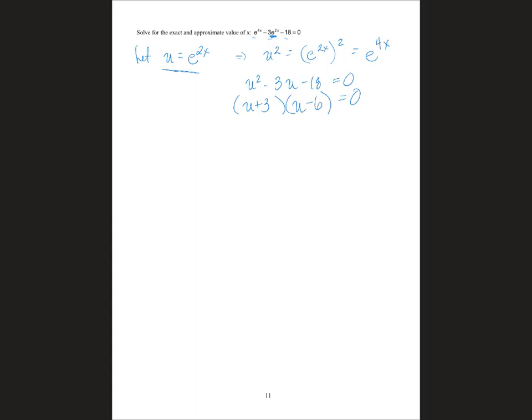Now, using the zero product property, I can take each of those factors and set them equal to 0 and solve for u. And then I can recall what u equals and replace that u with what we said it equals, which was e to the 2x.